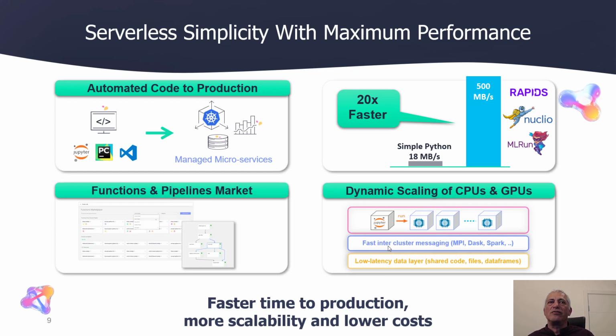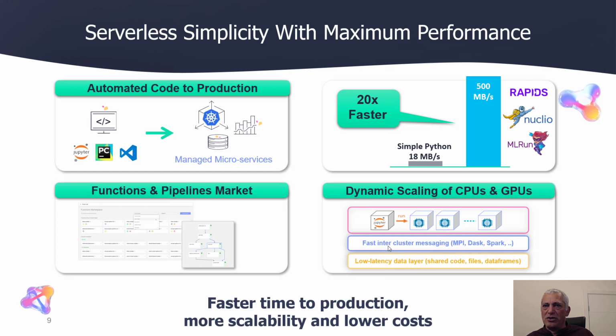Now, as we build those functions, the nice thing about a function is that it's self-explanatory and serializable. You can save it and later on use it in a different pipeline. And another key thing about scaling is that the scaling is built into the serverless engines. It essentially works, again, with three different layers. You have the microservices.